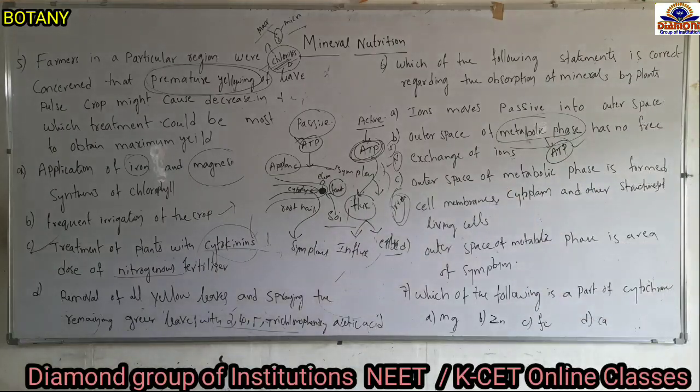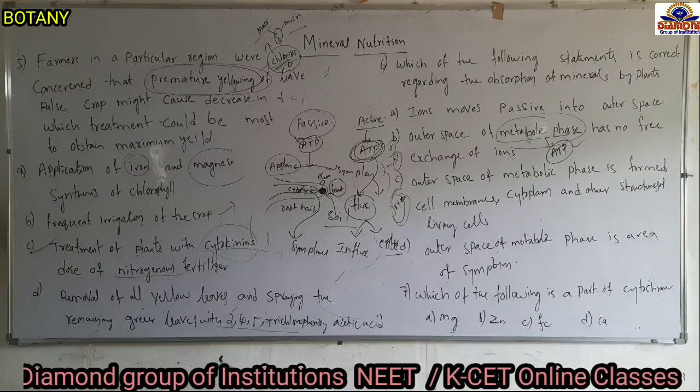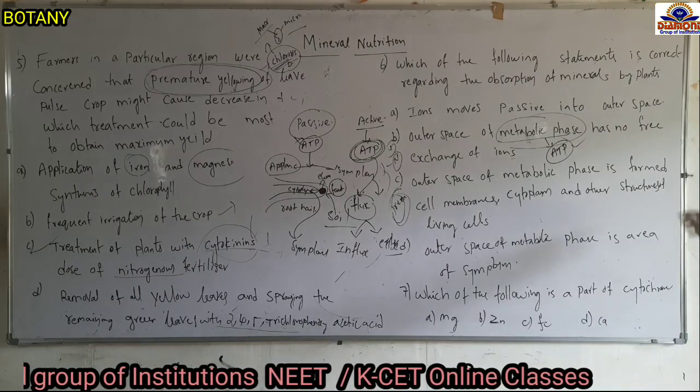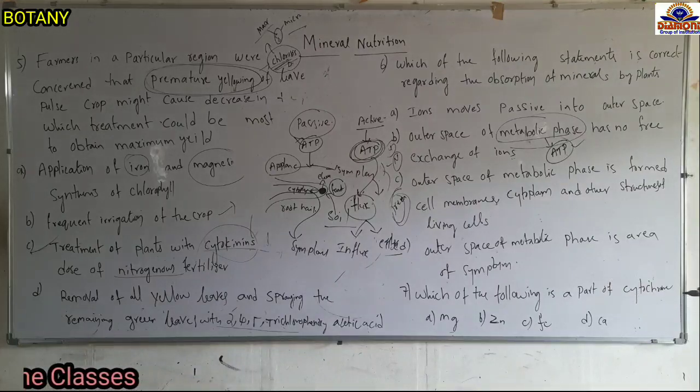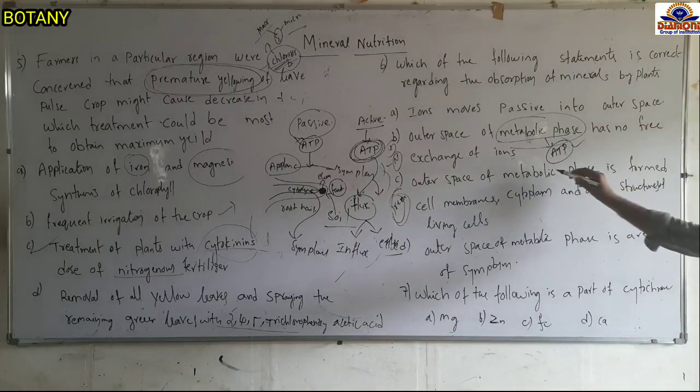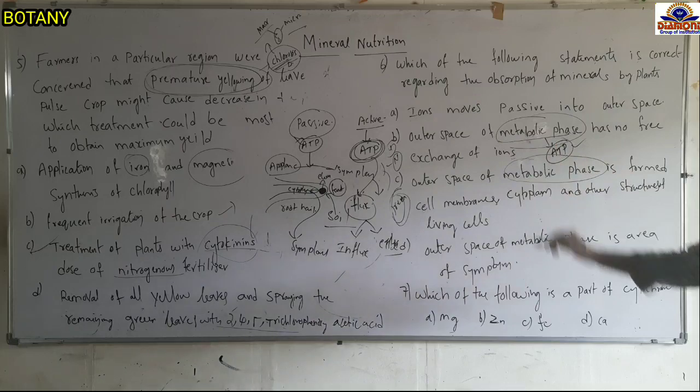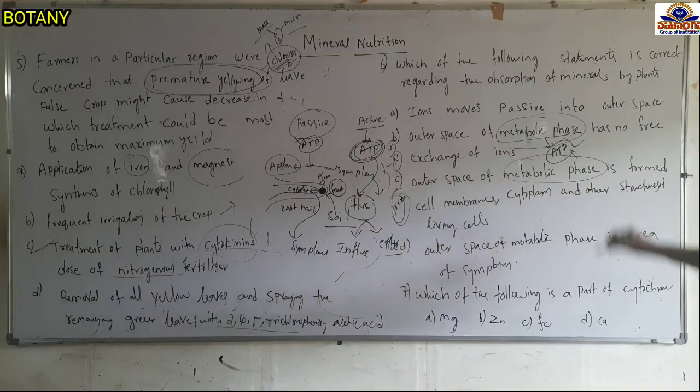And option C: outer space of metabolic phase is formed of cell membranes, cytoplasm and other structures of living cells. Here also they mention the metabolic phase, which represents the use of ATP energy. If ATP energy is used, it is not considered passive absorption.